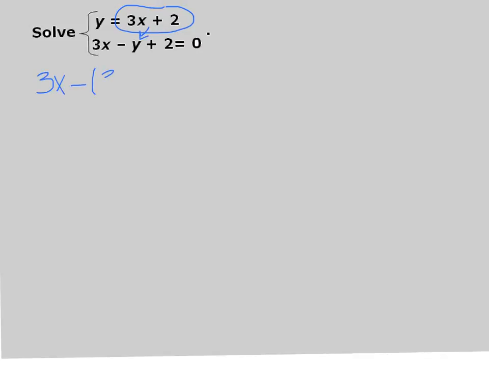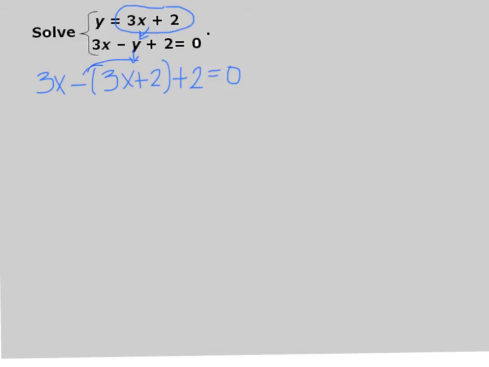Obviously, you could also use elimination at this point, if that's what you prefer. But I've basically rewritten the bottom equation, 3x minus, replaced y with 3x plus 2. Be careful to replace it in parentheses. And then here's the plus 2 equals 0. And then just solve it from here.